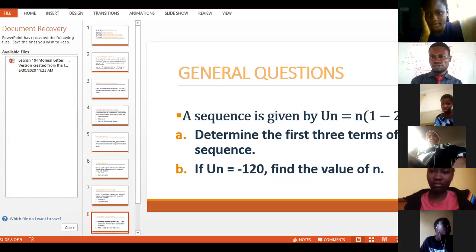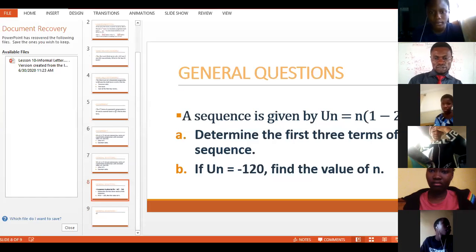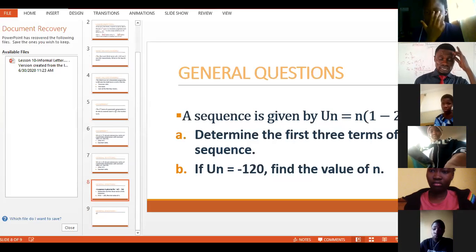And of course, we're going to start with this one. I'm just going to show you the way to solve this, and then I'll show you the way to solve the second one. And then we'll be done for the day.